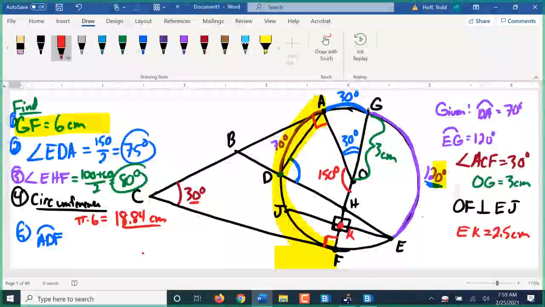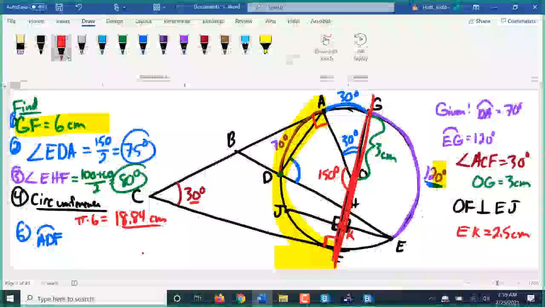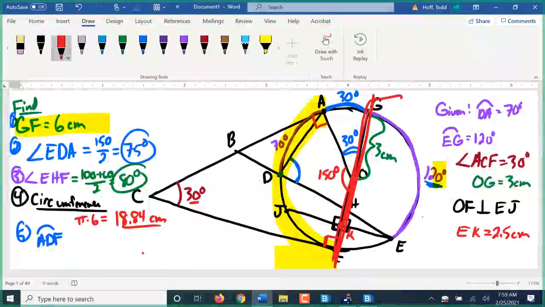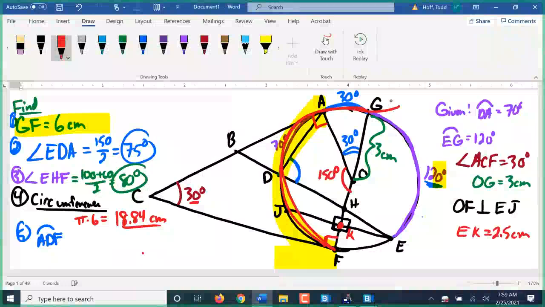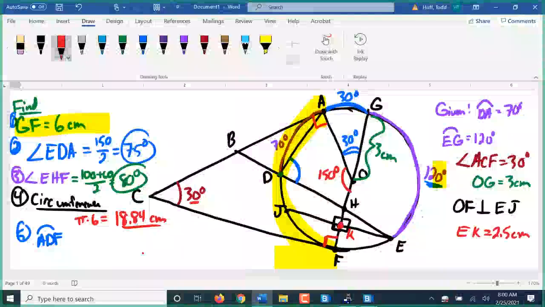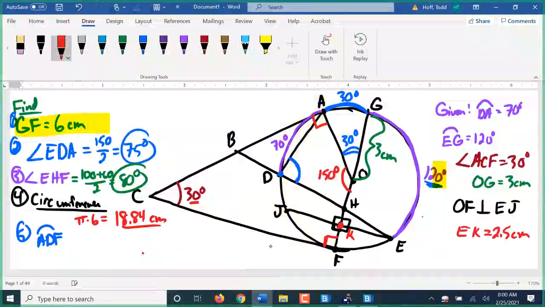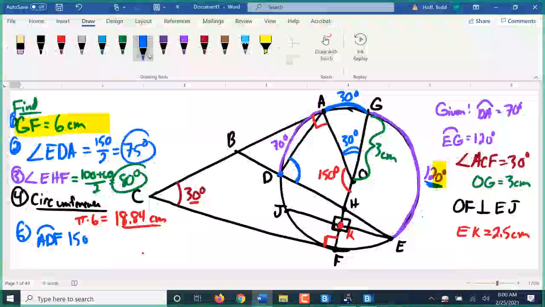Oh, since we know that GF here is a diameter of a circle, we know then that this over here is a half a circle, which would be a 180-degree arc. We have the 30-degree arc here, so we subtract that from 180, tells us ADF is 180 minus 30, or 150 degrees.